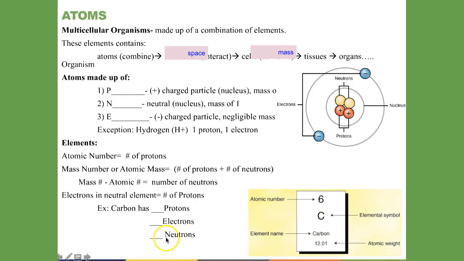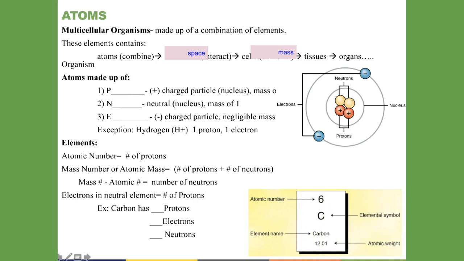The number of neutrons, well, we know that the mass number down here is equal to protons and neutrons, and the protons are up here too. So what we can do is take the total mass minus the number of protons, and that would give us the number of neutrons by themselves.